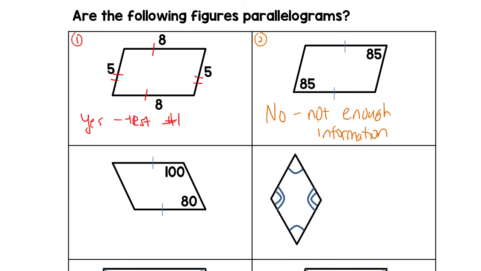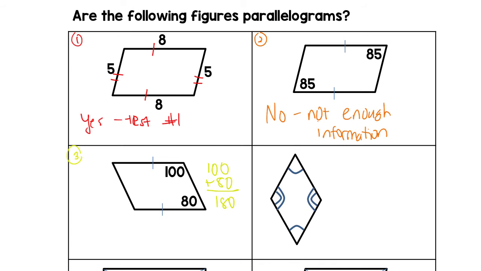Okay, we have to know a certain list of things, and if we don't know enough, we can't make a decision. Number three, we know that the opposite two sides here are congruent. So that's one thing we need to know. We also can see that the two consecutive angles here on this side are supplementary because we can take 100 plus 80 and get 180.